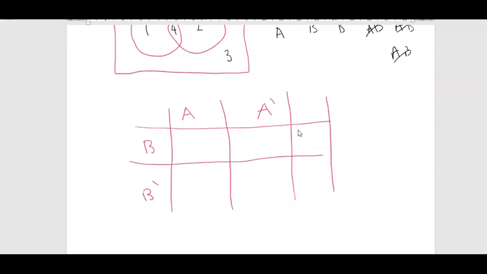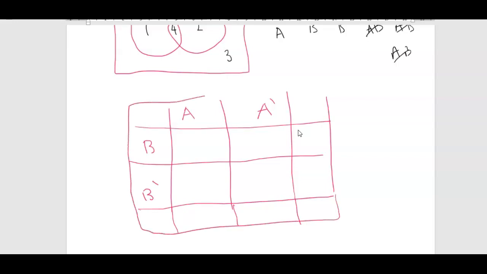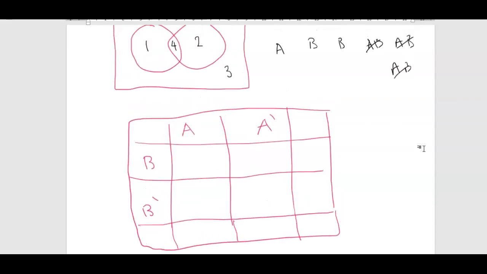Scroll down a bit. That should probably be a bit longer. Now, the good thing with a two-way table is eventually you'll be able to fill it in. And I think that's one of the challenging questions I did.